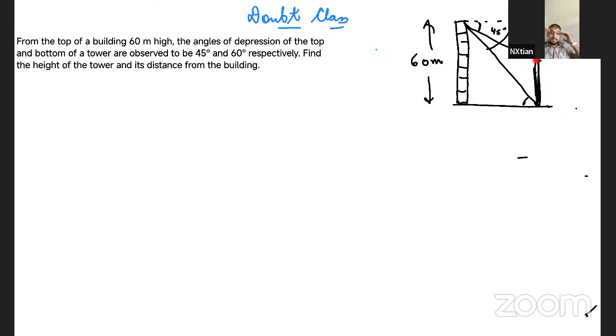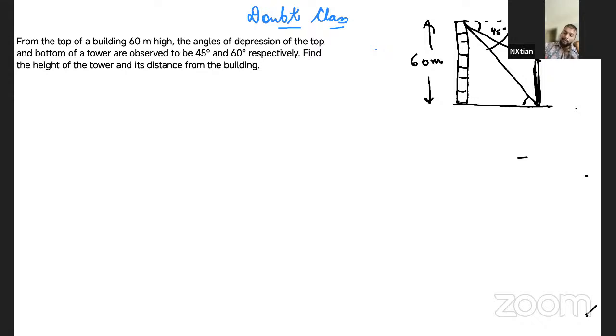Like for example, the straight line is this, and if I look downward, it creates an angle of depression. So that angle of depression is 45 degrees. Understood, guys? And in the same way, Ezekiel, if that person looks at the bottom of the tower, it creates 60 degrees. Yes or no?